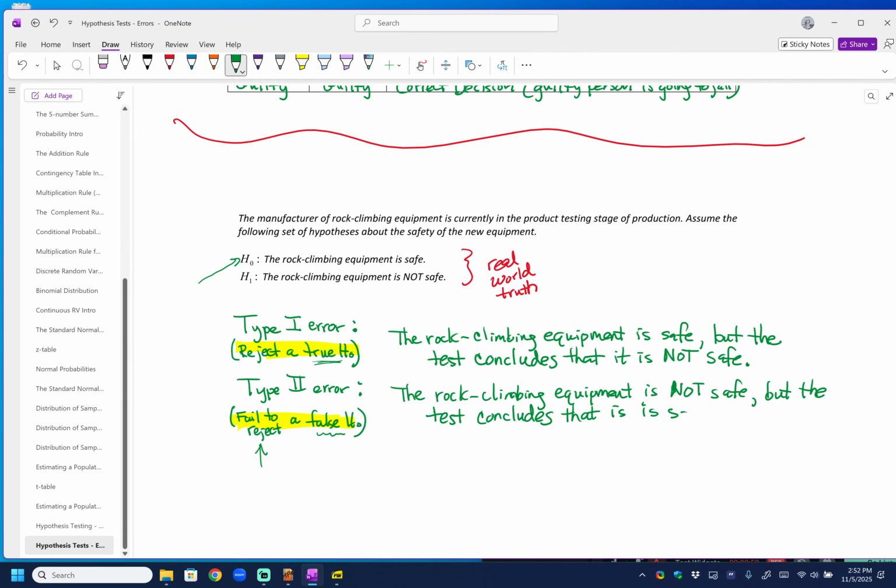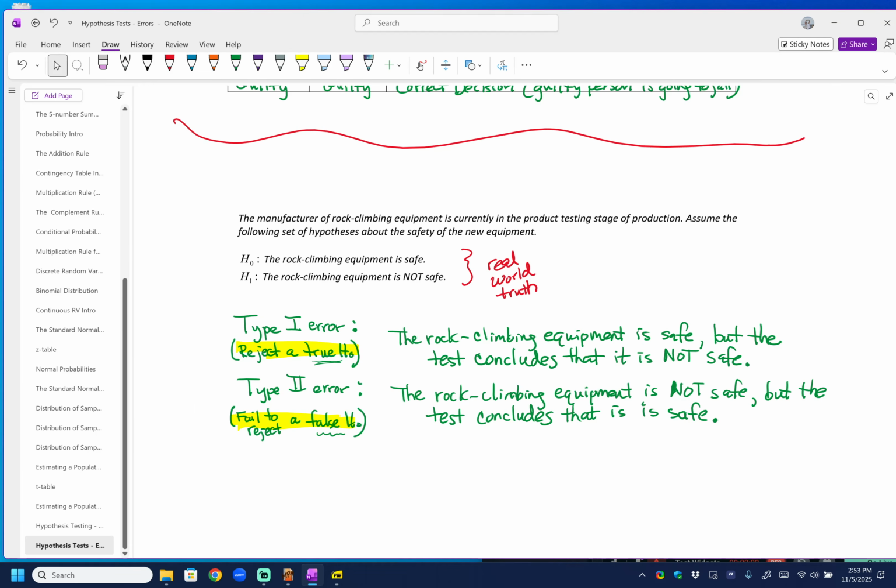So this is the perfect way to make this statement here, this type 2 error, in context with our null and alternative hypothesis. Okay, so before I end the video, again, let's look at these ramifications.